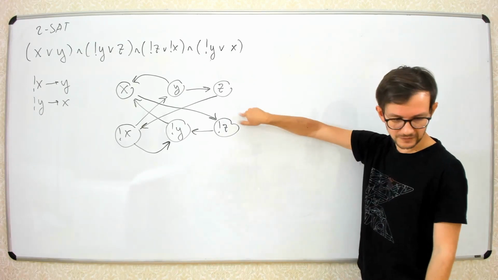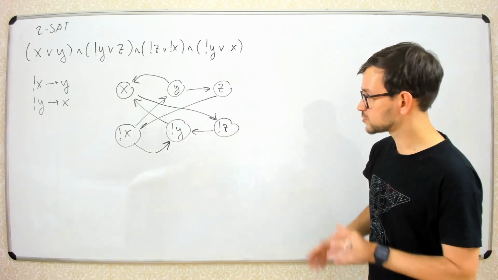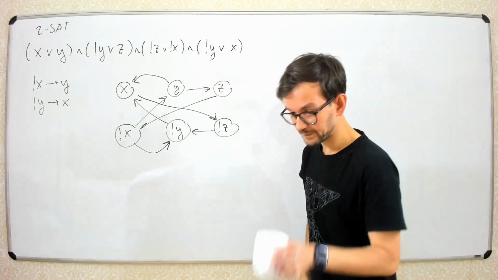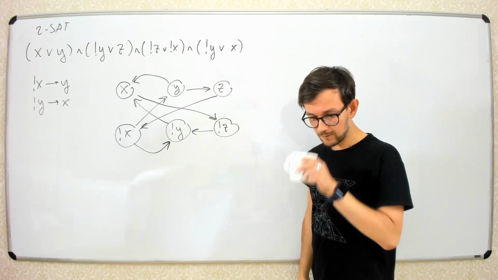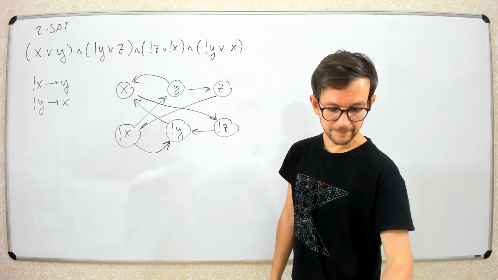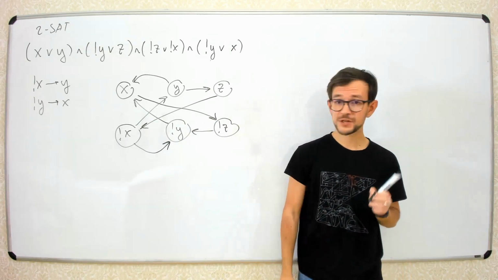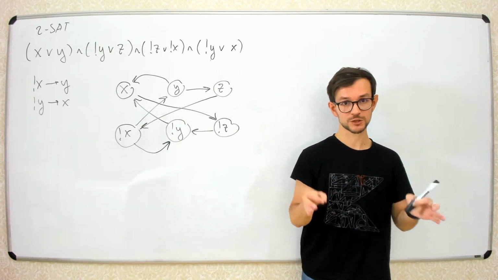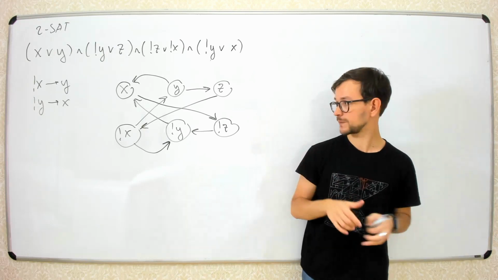Important is this graph. Let's look at this graph. In this graph, we will try to find the contradictions. So what's a contradiction?